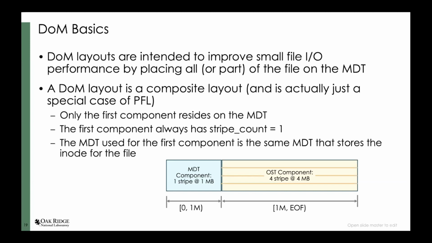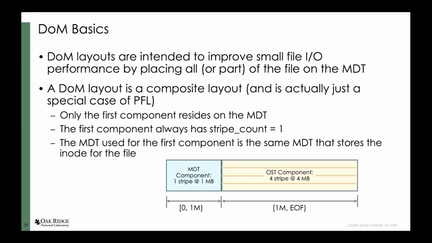And while it's primarily intended for small file I/O, it is possible that DOM can have its uses even for larger files. For example, if you had a structured file that began with a small header that described the layout of the rest of the file's data, there might be some benefit to using a DOM layout where that header itself resided on the MDT, because maybe that's going to be frequently referenced and that data is going to be read quite a bit.